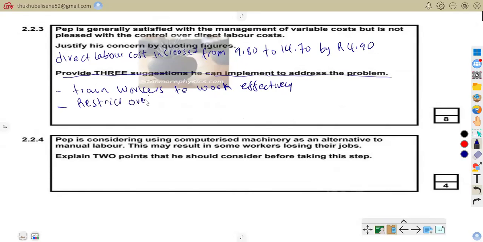Better supervision by the foreman. So these are the solutions to this problem of direct labor cost. So that is that. Now let us go to 2.24.